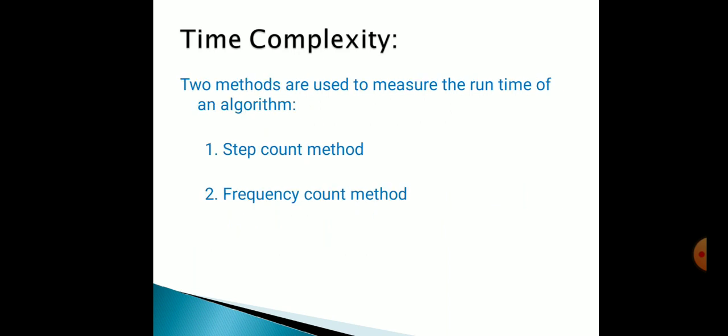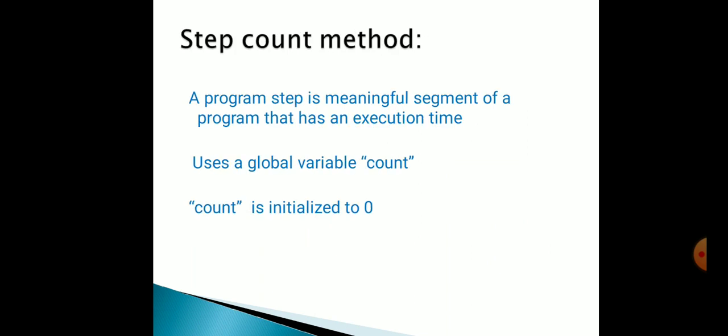To measure the runtime of an algorithm, we use 2 types of methods. One is known as the step count method, another is known as the frequency count method. Under the step count method, in the algorithm we first have to identify the program steps, meaning any statement or step in your algorithm which has some execution time will be considered as a program step.